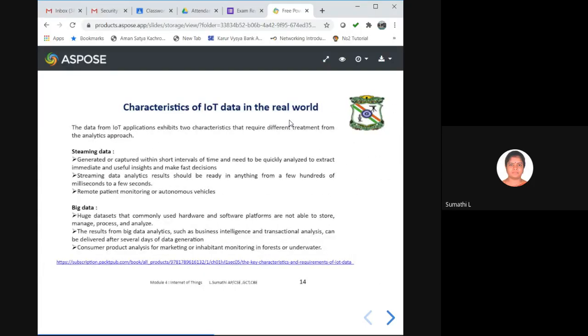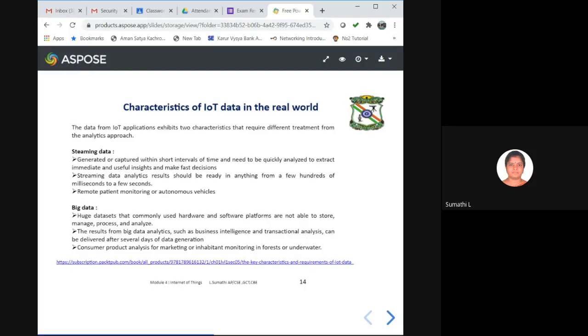Okay. So when coming at a high level of abstraction, you consider it as two kinds of data. One is big data and another is streaming data. So what is streaming data? It is captured in short intervals of time, and I have to make quick decisions, like in remote patient monitoring and autonomous vehicles. Big data is where I have a huge data set, and I apply analytics to get business intelligence or transaction analysis.